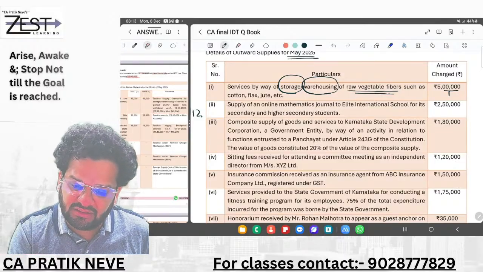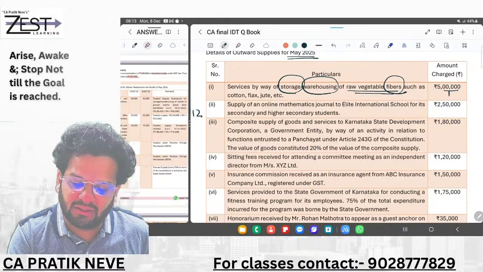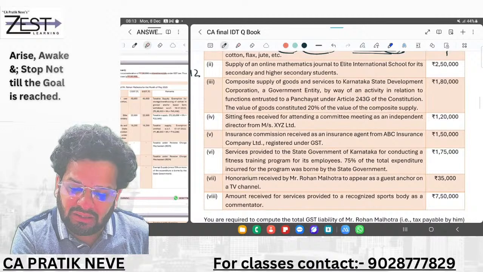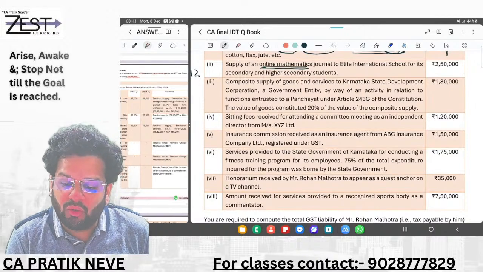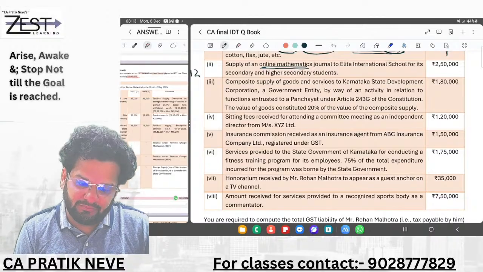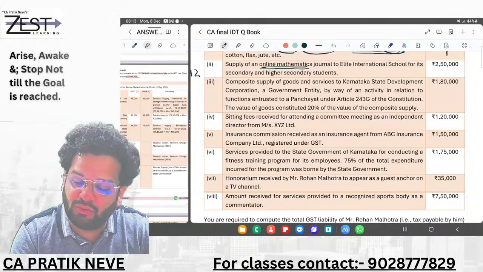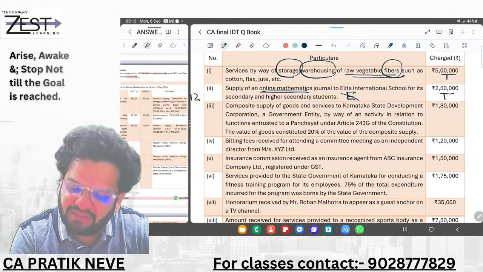But this is storage of fibers. This will become taxable. Then supply of an online mathematics journal to Elite International School for its secondary and higher secondary students. This is also taxable. This cannot be exempt.